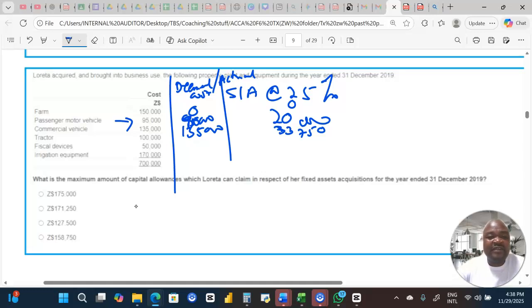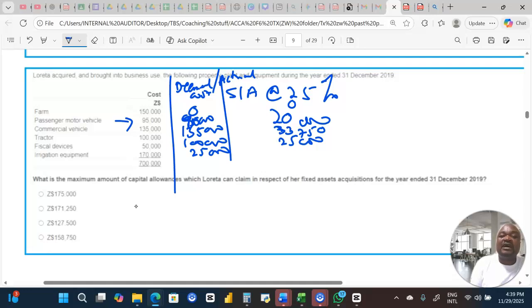For the tractor, let's just use the cost there, and the 25% for the tractor is 25,000, isn't it? Fiscal devices: we are required to only claim up to 50% of the cost. So 50% of the fiscal devices is 25,000.